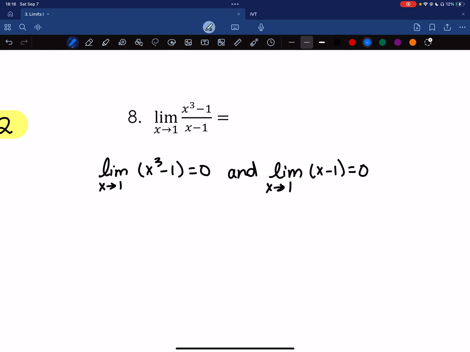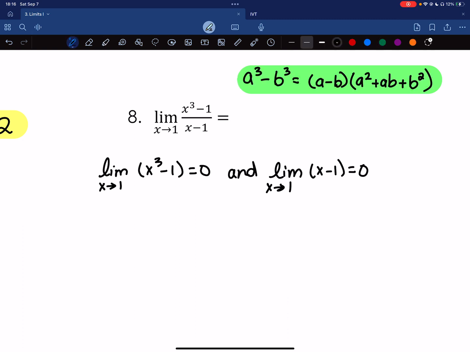So what we need to know is about the sum and difference of cubes. This one is going to be a difference of cubes. So that would be a cubed minus b cubed is equal to a minus b times a squared plus ab plus b squared. Okay, so that's the formula right there.